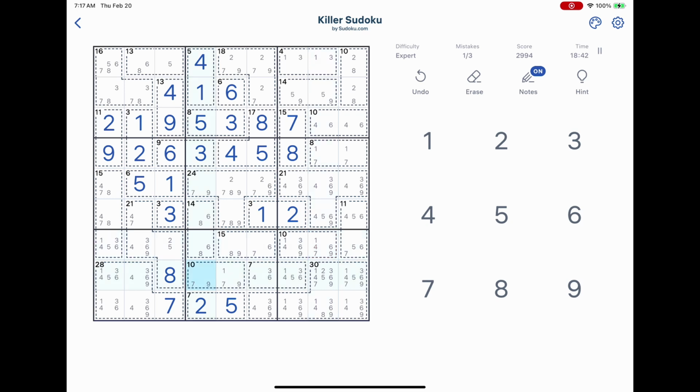Balance the 10 sum in row 8. Block 8. Complete the sum.